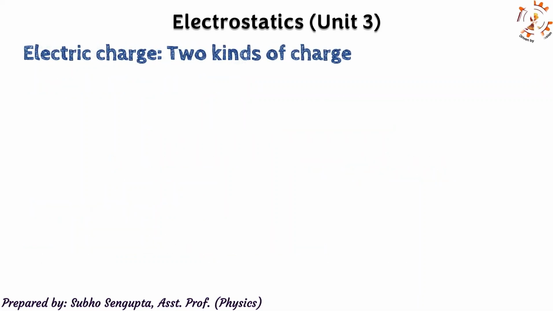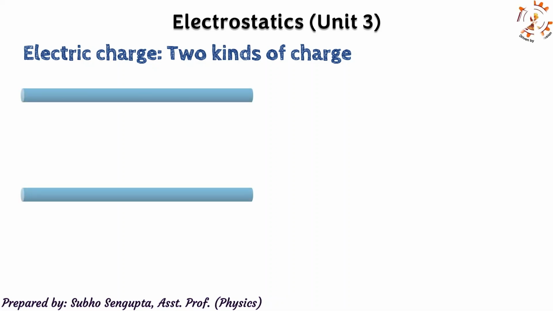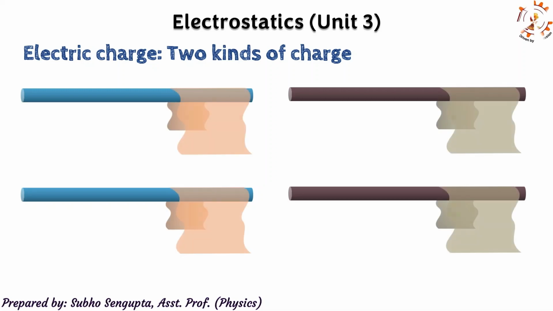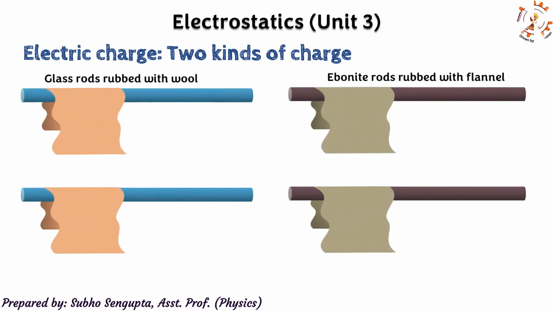We have seen that there are two kinds of charge, positive and negative. Let us do one simple activity to get one of the fundamental properties of electric charge. Suppose we have a pair of glass rods on our left and a pair of ebonite rods on our right. We rub the two glass rods with silk and the two ebonite rods with flannel.